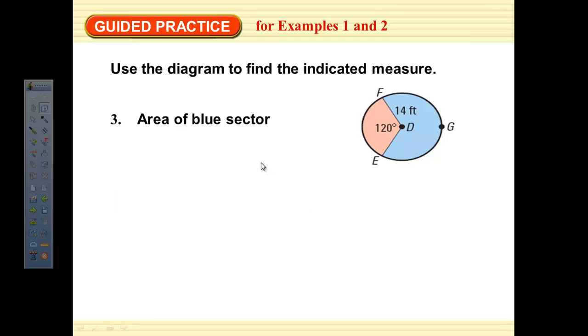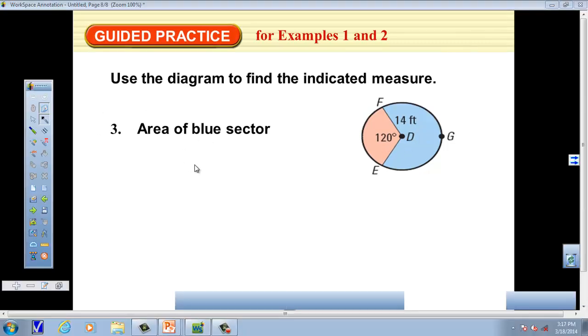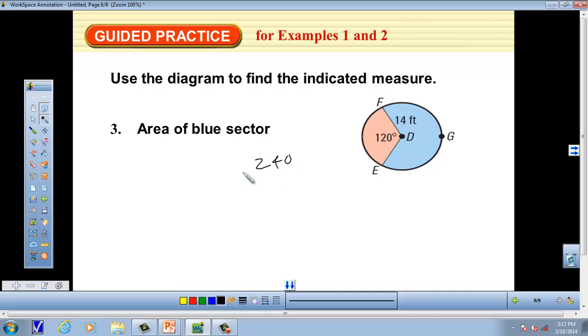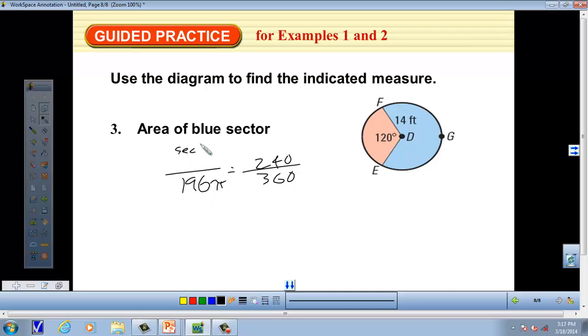They say the area of the blue sector. You have two ways you can do this. You can do this the long way using 360 minus 120, which would be 240. So if you wanted to, you could say 240 over 360 equals, I think this was 196 pi, and this was the sector area.